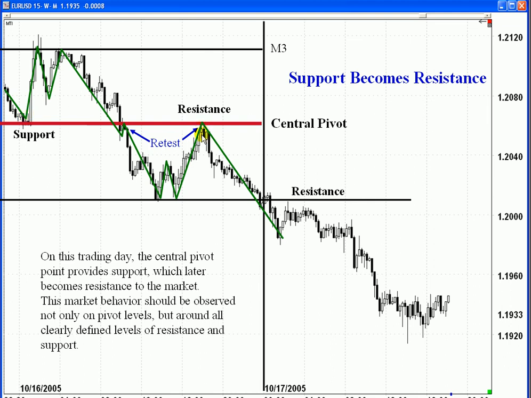What's important to look at here, folks, is you see even the distance between resistance and M2, central pivot and M2, there's still a very tradable range that you can profit from. And when we look at finding our ideal entries, we're going to see this more closely as to how you can capitalize on these scenarios. Price bounces off the central pivot and continues lower into the next trading day.